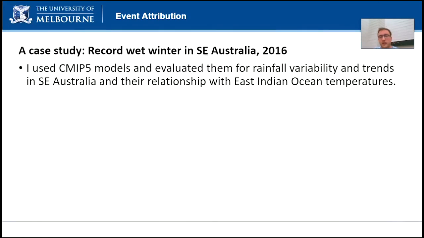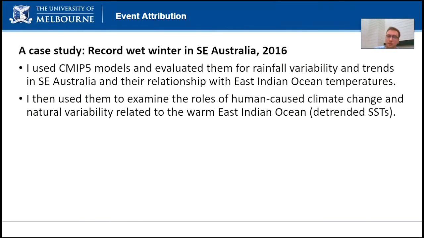So for this study, I used CMIP5 models, and I evaluated them for their rainfall variability and trends in Southeast Australia, and also that teleconnection with the East Indian Ocean sea surface temperatures. We know that this was a particularly relevant climate mode for this event, so we wanted to make sure that the teleconnection was captured properly.